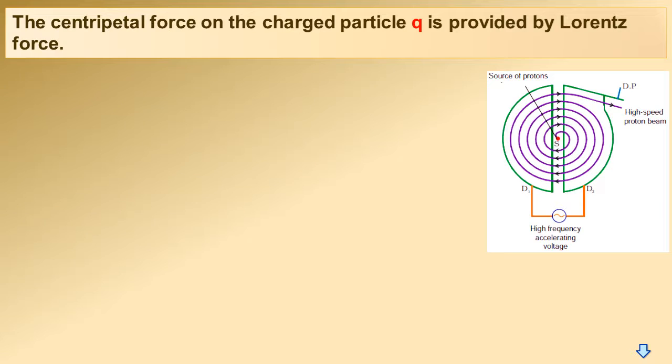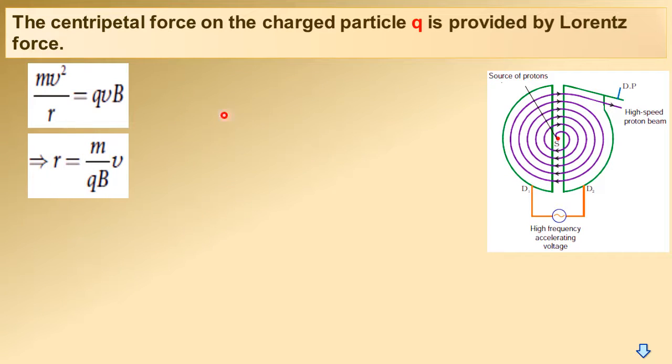If we take r separately, that is the radius, we put qB under mv squared and cancel v on both sides. So we get r equals m by qB into v, that is, r is proportional to v. Let us take this as equation number 1.